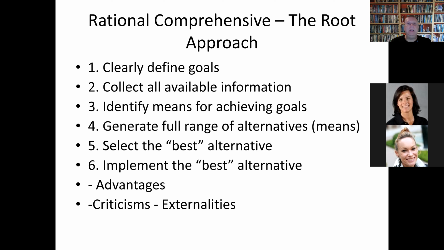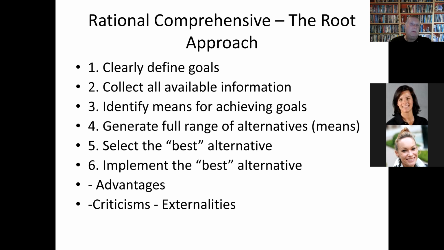And the important thing here in rational comprehensive is because we have collected all the available information, we are able to then say with confidence, we have put together the full range, all the possible alternatives. If we have put together all the possible alternatives, we are then able in step number 5 to select the singular best alternative and then implement that best alternative as our policy solution. That's rational comprehensive decision making.